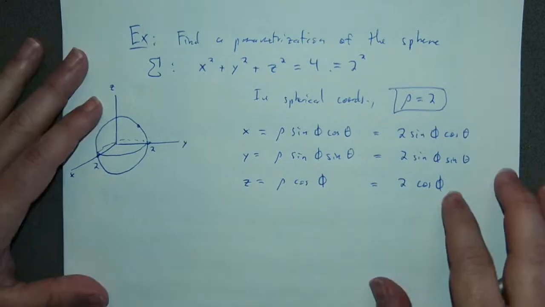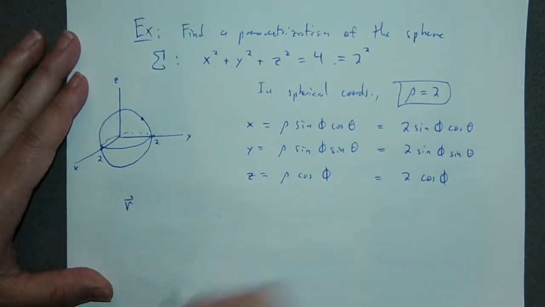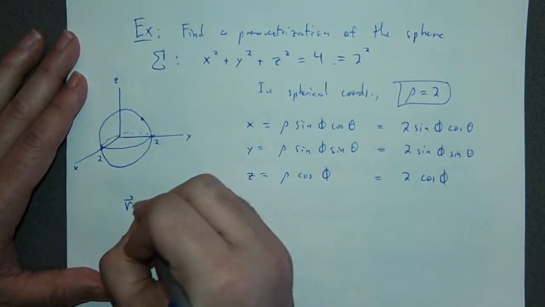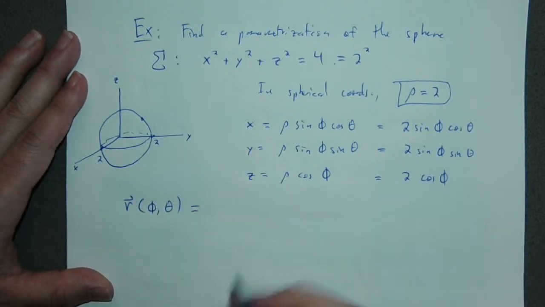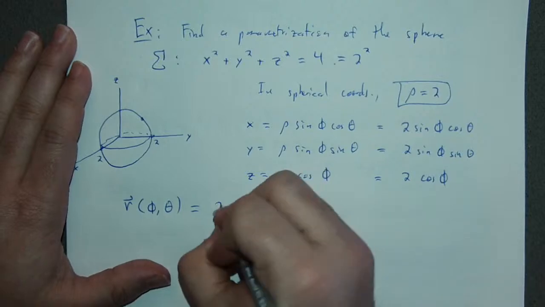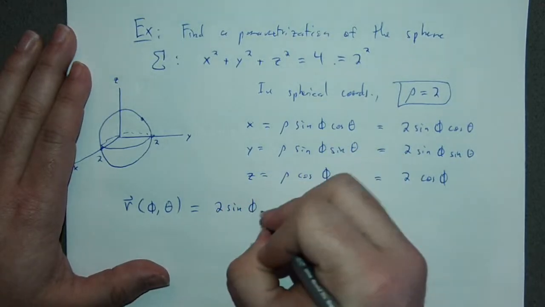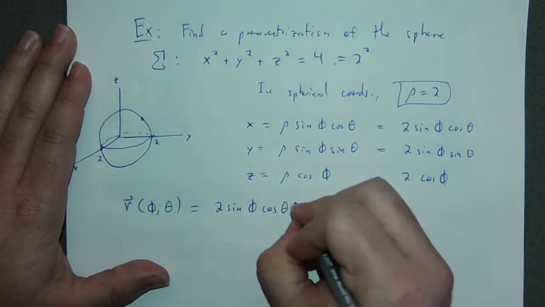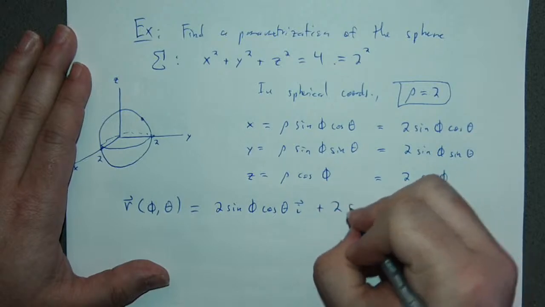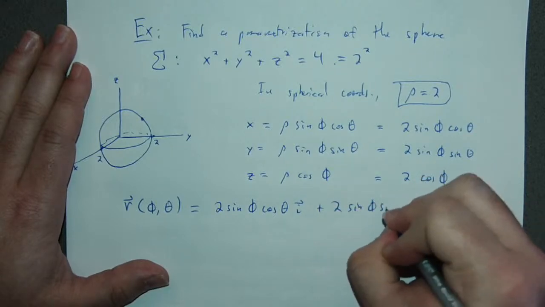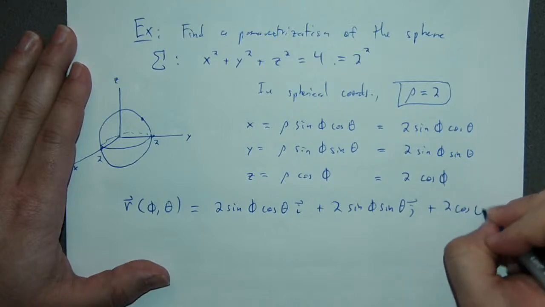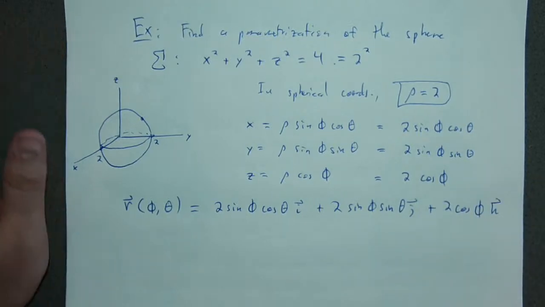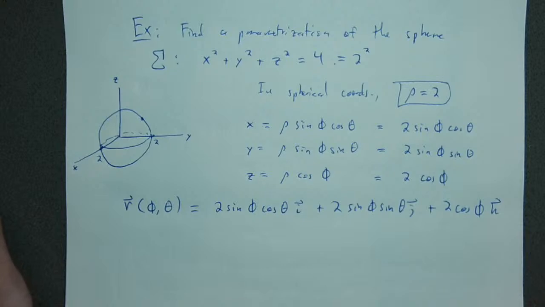So our parameterized sphere is r of phi, theta, which is 2 sine phi cosine theta i, plus 2 sine phi sine theta j, plus 2 cosine phi k. Now we're not totally done because we need to know where phi and theta live.